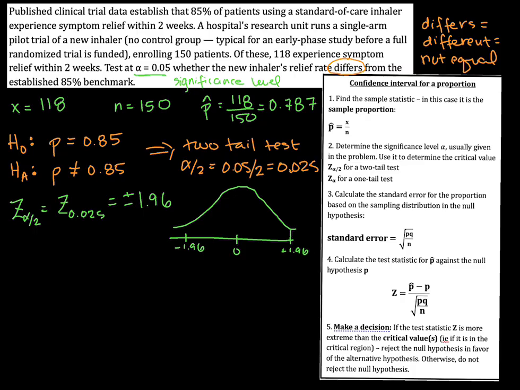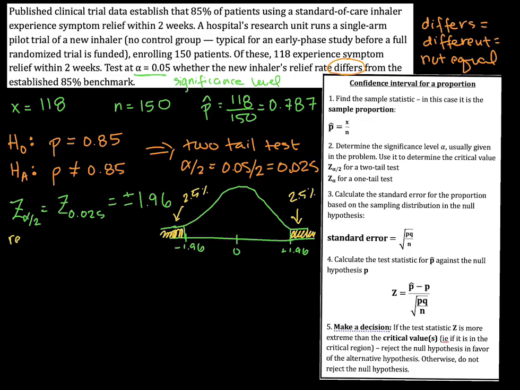That means my critical regions are these areas that have 2.5% of the area in each tail, beyond the z-scores of plus or minus 1.96.